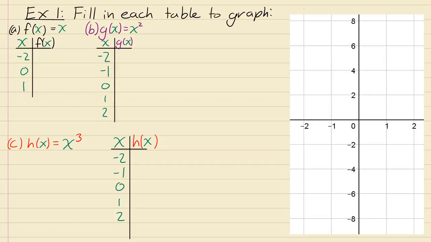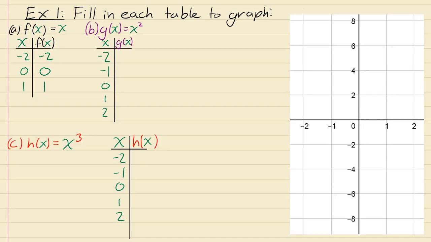For example, f of negative 2: if you just replace x with negative 2, the result should just be negative 2. F of 0 is also equal to 0. F of 1 is equal to 1.